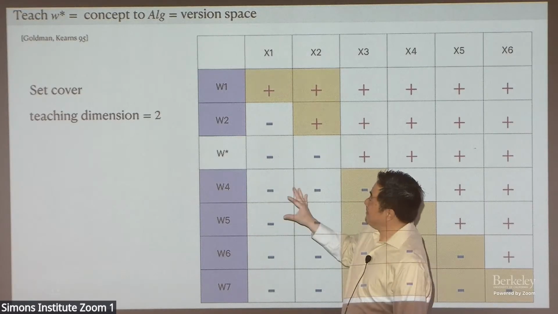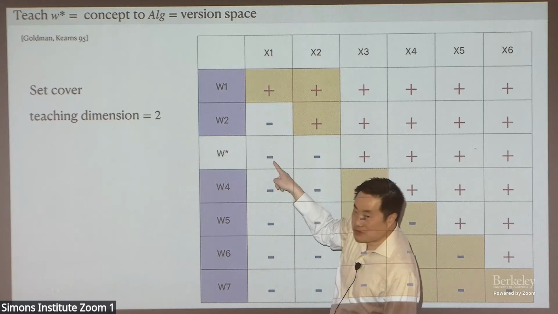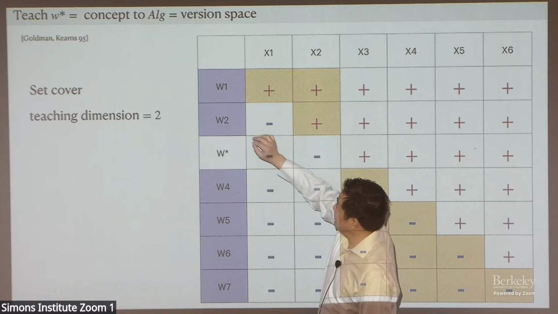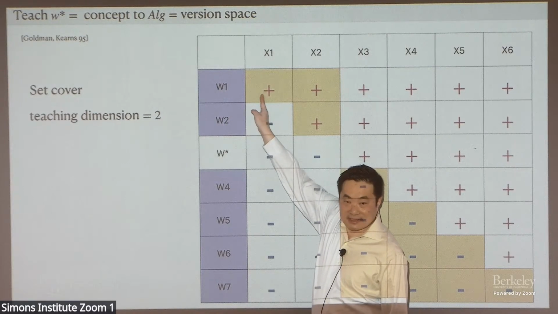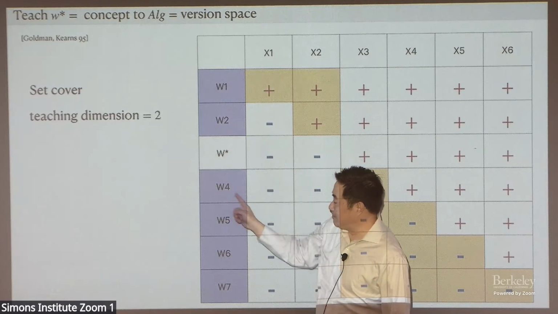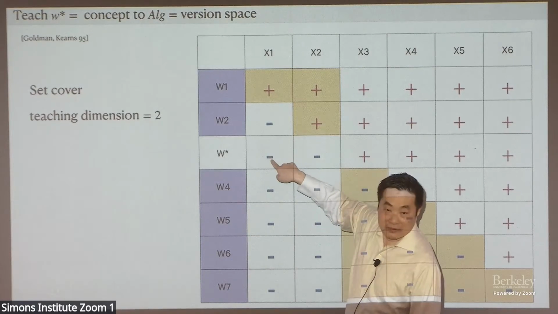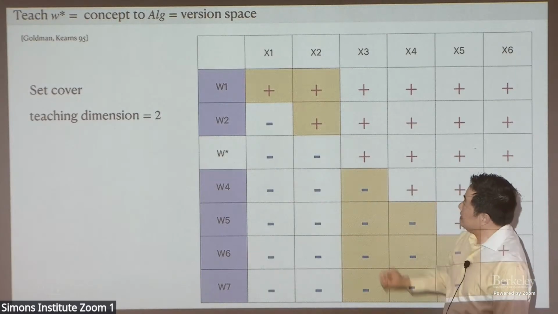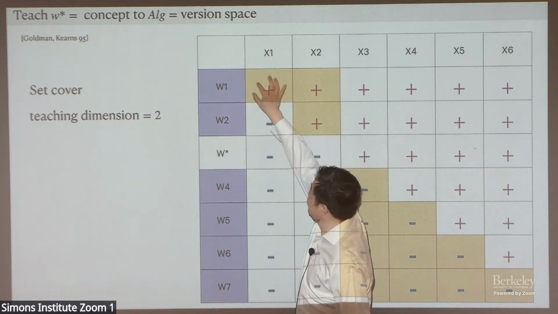That means if I teach with X1 and the true label negative, that pair, I will be able to eliminate W1 because it's inconsistent with this label. But I cannot eliminate W2, W4, etc. Those are consistent with the true label of X1.